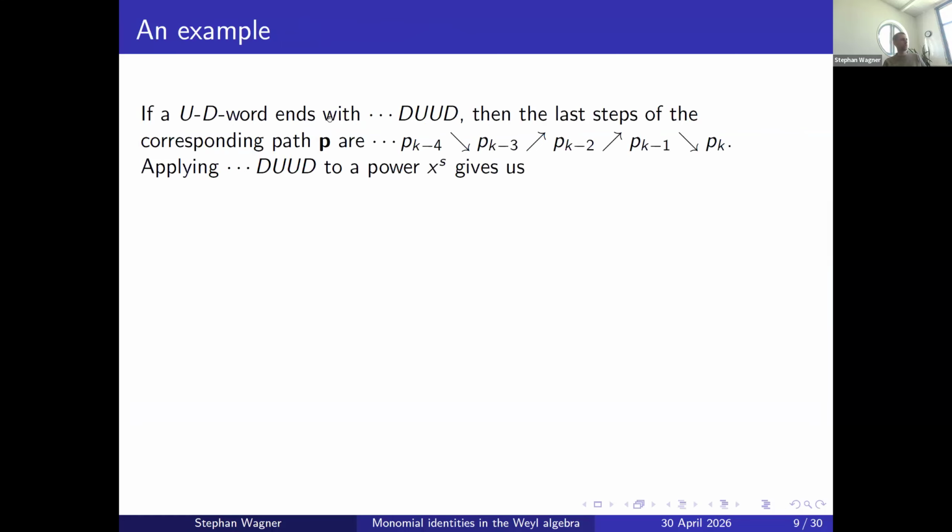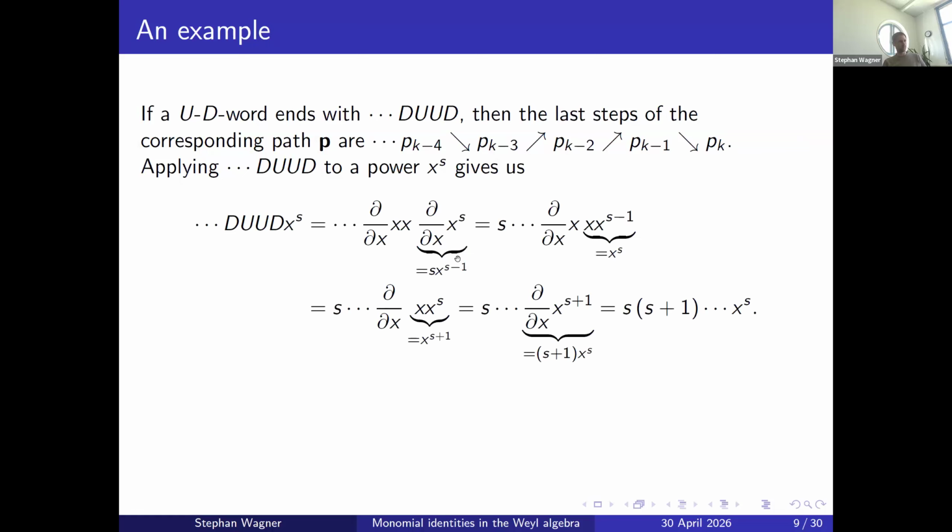If I have a UD word that ends with DUUD, then the last steps in my path are down, up, up, down. If I apply it to a power x to the s, then the first step is to apply D, because it's the rightmost thing. That gets applied to x to the s right away. It gives me s x to the s minus 1.